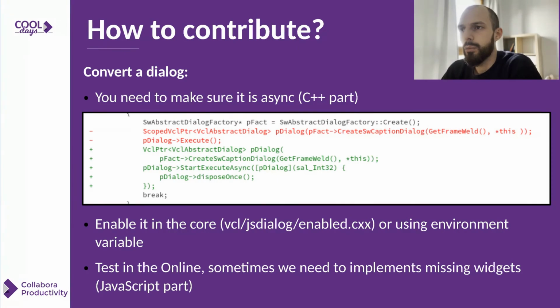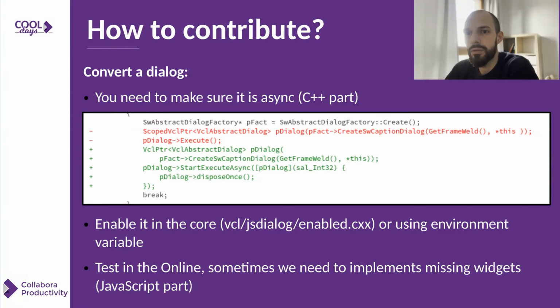Also, we have many dialogues to convert to JSDialogs. So if you, for example, know C++ and JavaScript, you can try on your own to convert a tunneled, old style dialog.